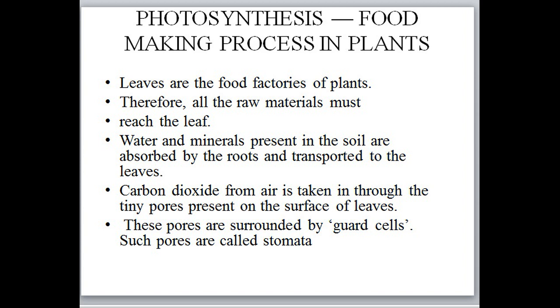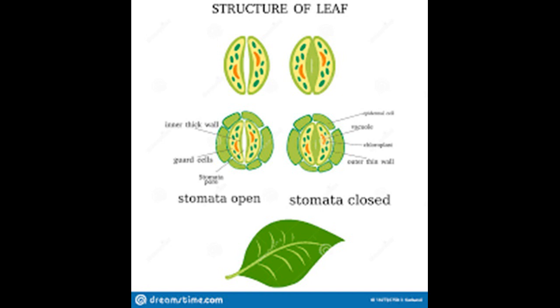Water and minerals present in the soil are absorbed by the roots and transported to the leaves. Carbon dioxide from the air is taken in through the tiny pores present on the surface of the leaf. The pores are surrounded by guard cells. Such pores are called stomata. If we look at the structure of the leaves, we can see stomata, which are open and which are closed.